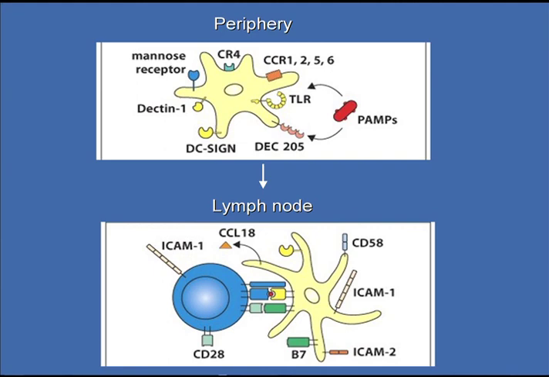So in the periphery, the dendritic cell interacts with these PAMPs on the microbes, takes up the microbes, gets stimulated by the PAMPs, and migrates through the lymphatics to the lymph nodes.